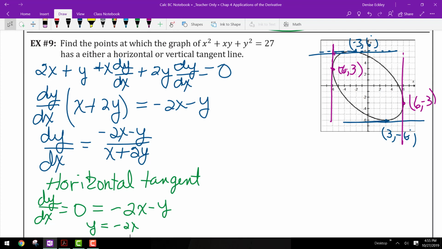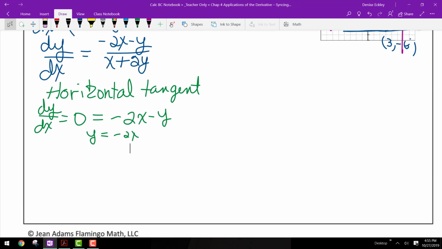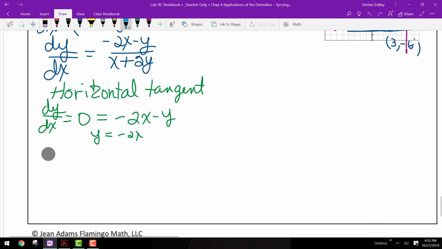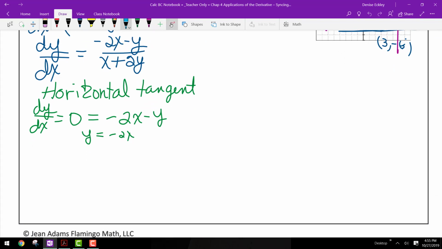What we're going to do now is substitute y equals negative 2x into the original equation and solve for x.